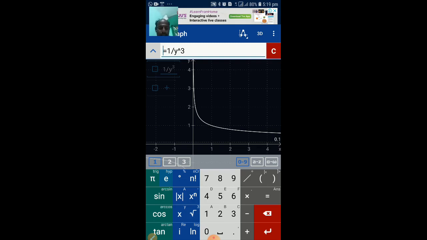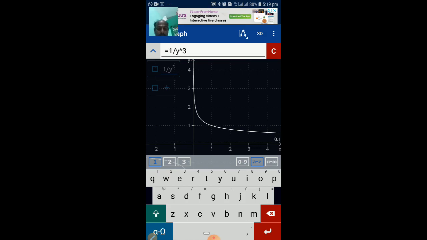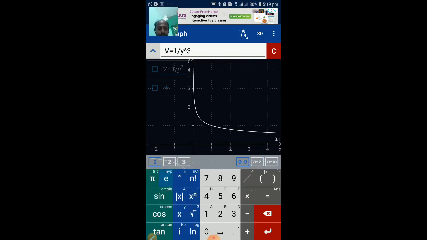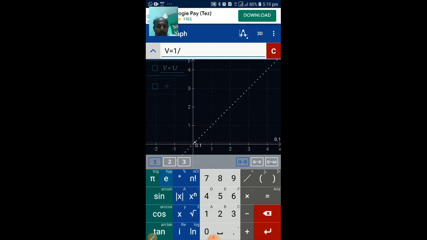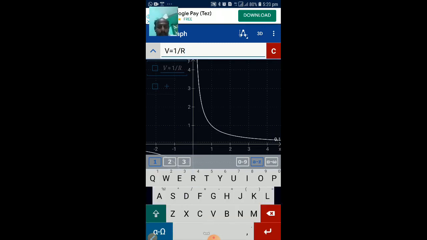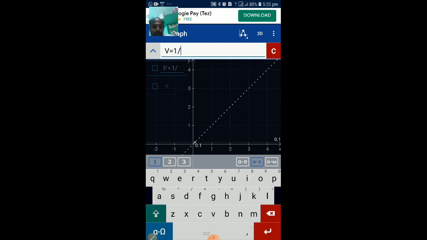Okay, for the electric potential, what I am going to write is V is equal to 1 by R. So this is the graph for the potential due to a point charge.